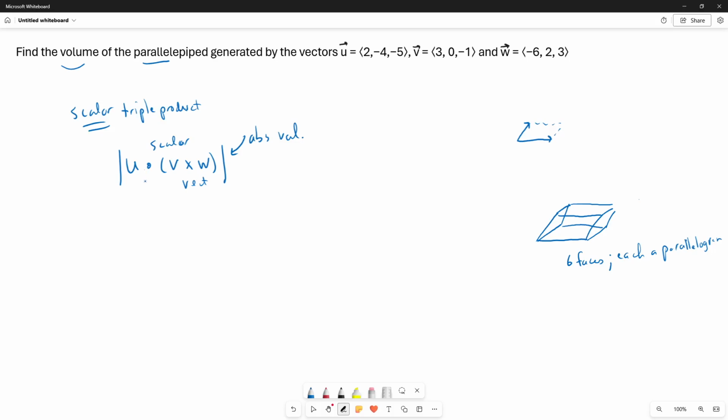So, okay, let's compute our scalar triple product. This is just an excuse to do a cross product. And again, the most important reason for doing a cross product is to find a vector which is perpendicular to both of the ingredients in the cross product. That's extremely important in Calculus 3 when we're interested in planes.